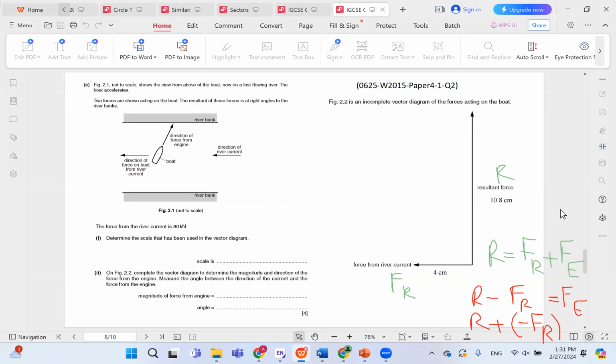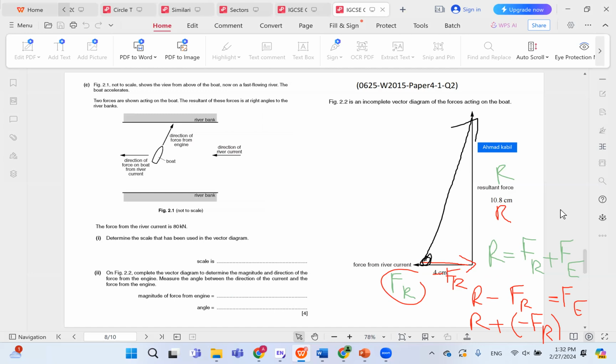So this is Fr. Fr goes to the left. So if I want to draw negative Fr, I would draw it to the right like this. Now I have negative Fr, and I want to add it to the resultant, which is R. So we can begin from the tail of the first and move on to the head of the second, and we would still get the correct force here.